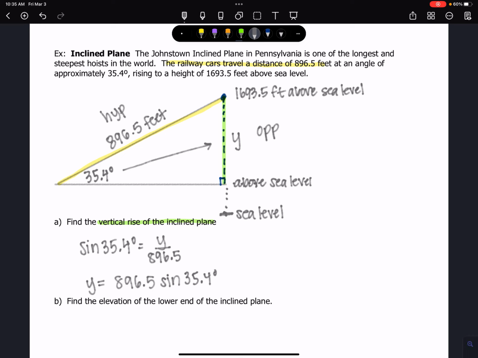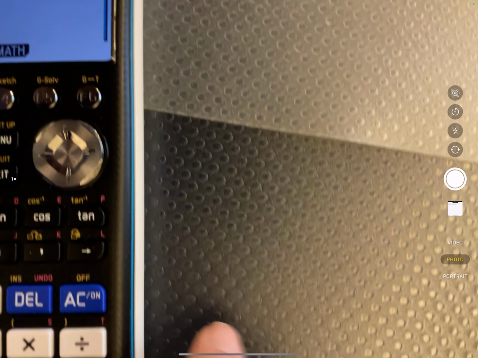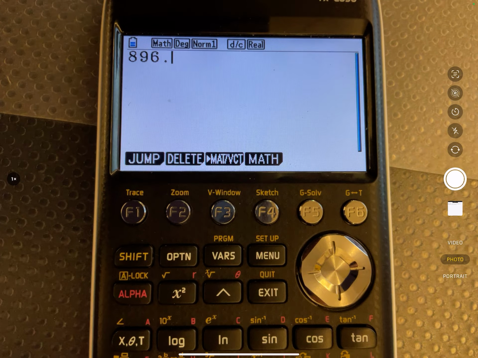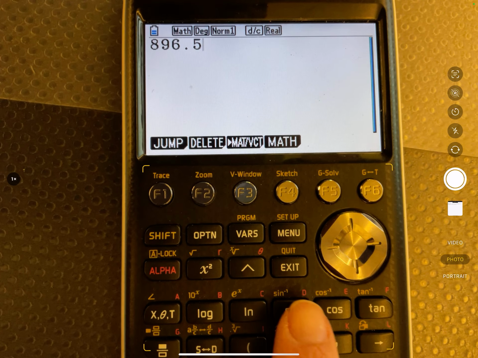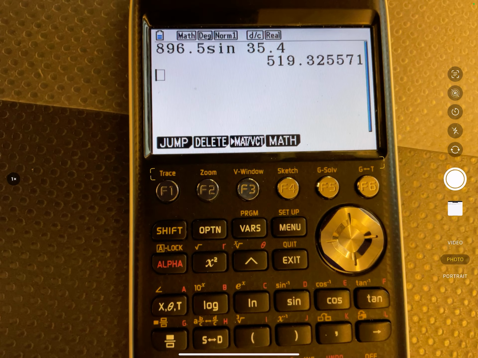So I put this into my calculator, and I'm going to get the approximate vertical rise from the bottom of the incline to the top of the incline. I'm going to have 896.5 times the sine of 35.4 degrees, and I'm in degree mode.